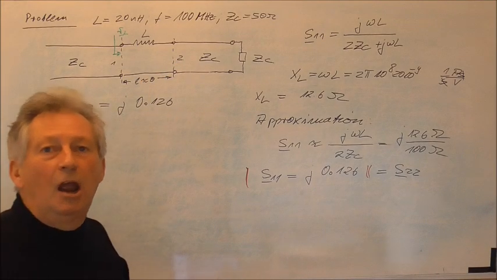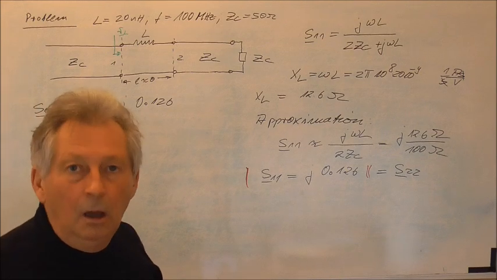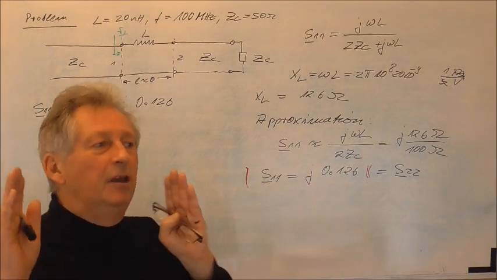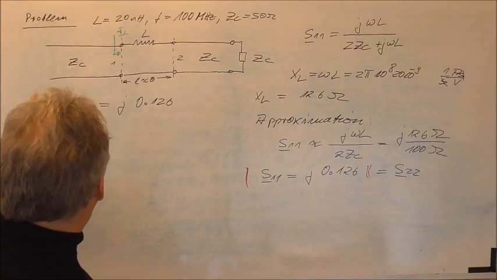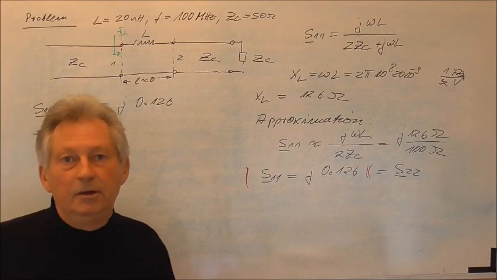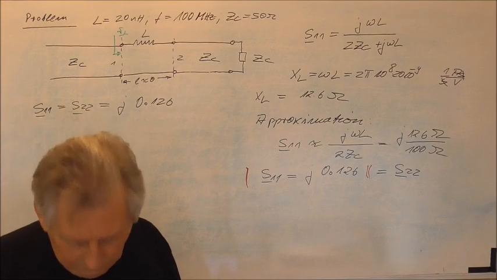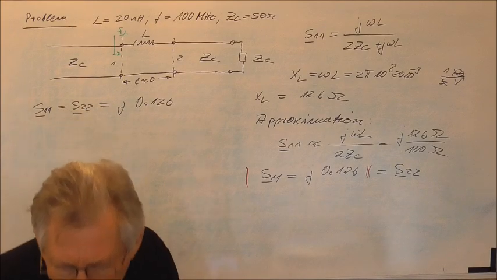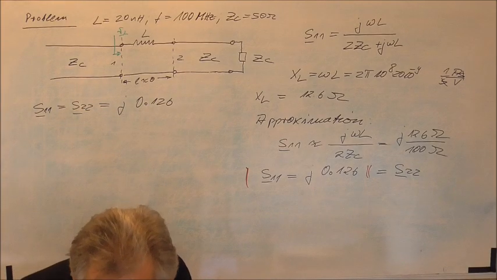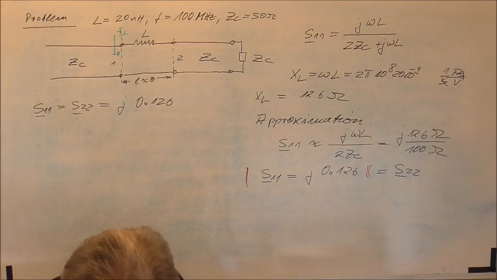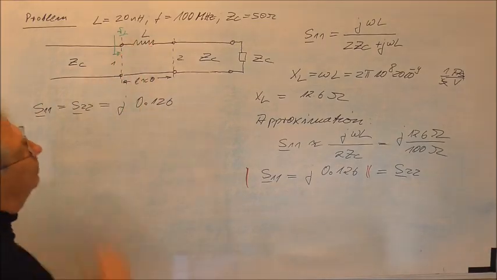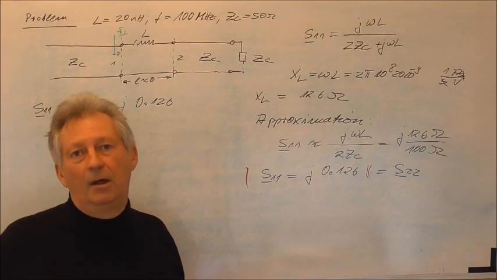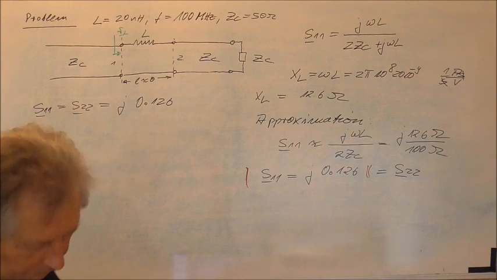So you can interchange port 1 and port 2 without changing the circuit. So the electrical behavior of the circuit must be the same. This is why S11 is equal to S22. Did this answer the question? Yes, so this is symmetrical, right? Yes, due to the symmetry, both are the same. Yes, thank you very much.